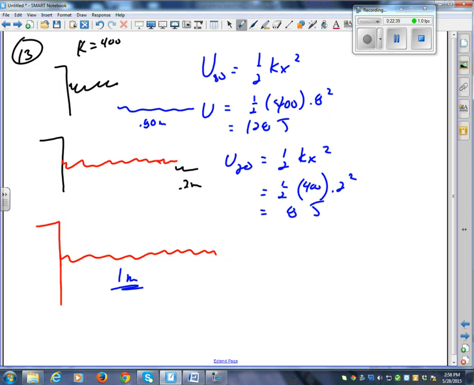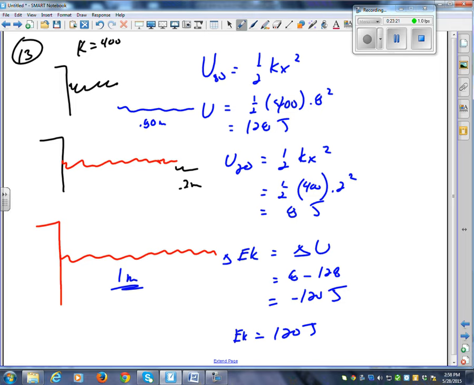The spring went from 128 joules of potential energy to only 8 joules of potential energy. So the change in EK is the change in potential, right? How much did my spring energy change? 8 minus 128, I lost 120 joules. Therefore, my EK is going to be 120. Whatever spring energy I lost becomes kinetic energy gained, minus heat and friction and sound.